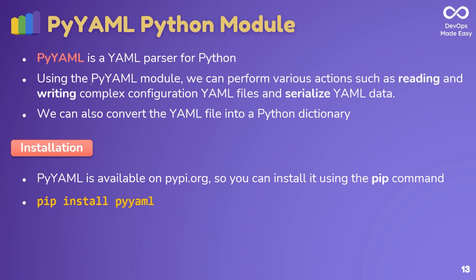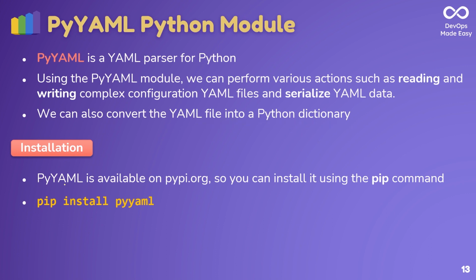Using the PyYAML module, we can perform various operations like reading and writing complex YAML files, and we can also serialize YAML files. Serializing here indicates converting Python objects into YAML streams. We can also convert a YAML file into a Python dictionary. All these operations can be done using PyYAML.